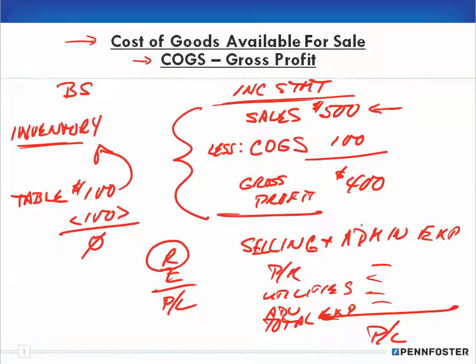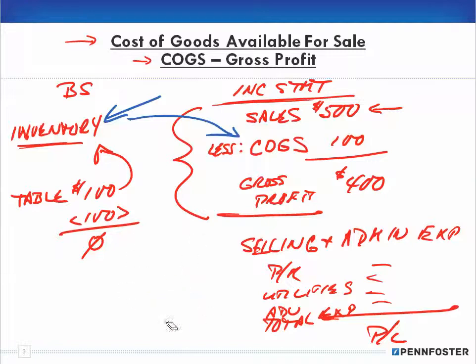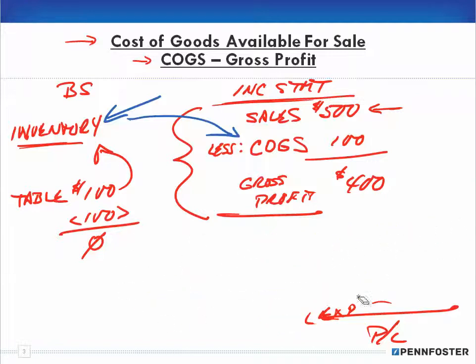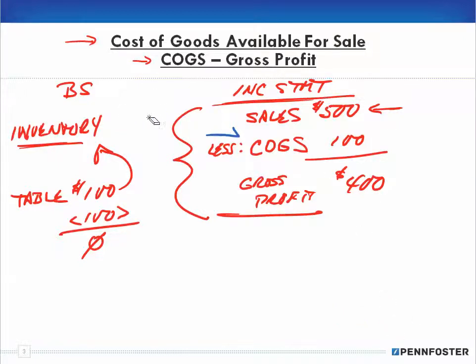But in this chapter, we're specifically looking at our inventory, which is directly related to our cost of goods sold, okay? Now, keep that framework in the back of your head as to how this income statement is set up, because for me, it always seemed to help to understand these things.